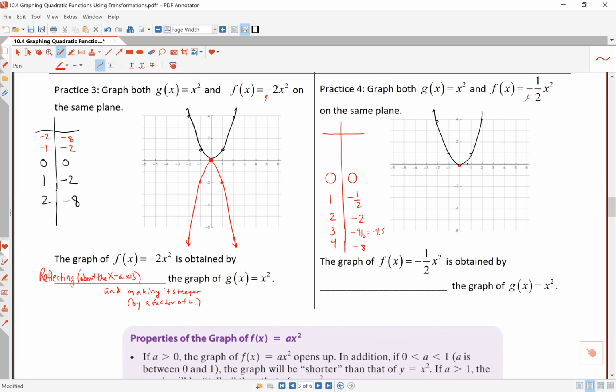So we got 0, 0, 1, negative 1/2, 2, negative 2, and 3, negative 4 1/2. Same points on the other side, negative 1, negative 1/2, negative 2, negative 2, and negative 3, negative 4.5.